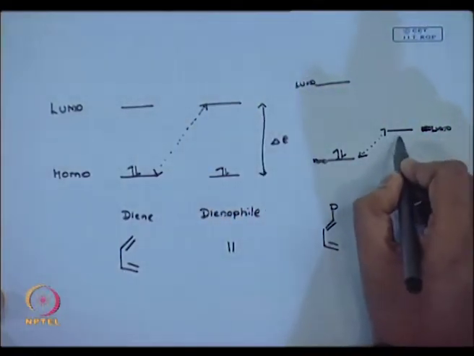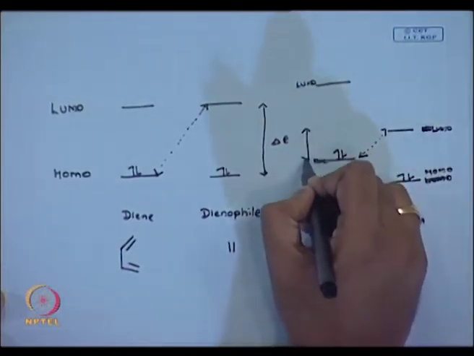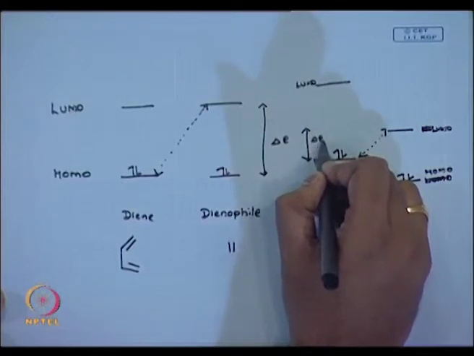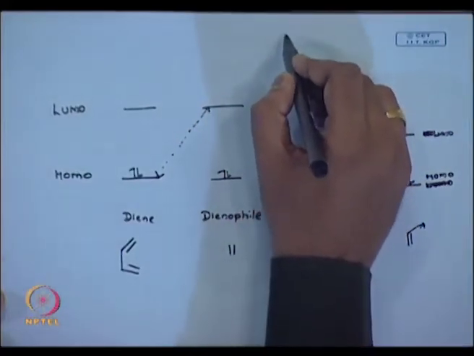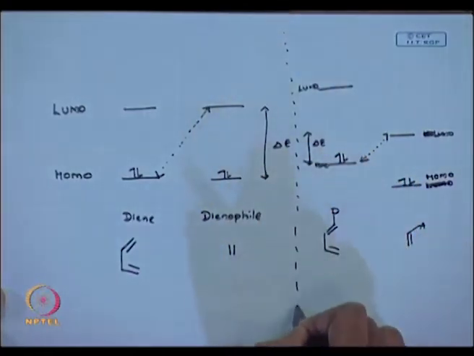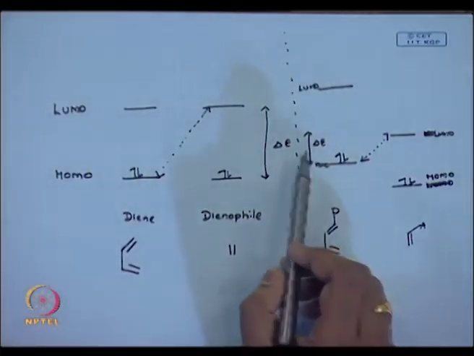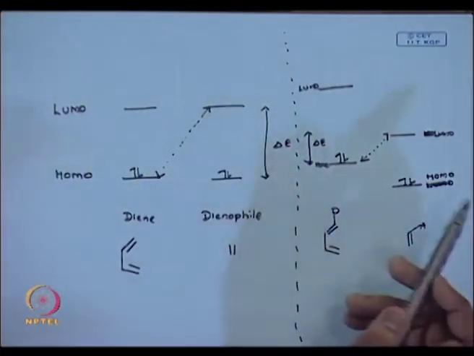In this case, this is your delta E. Okay. So, you can easily see now why the reactivity is so.